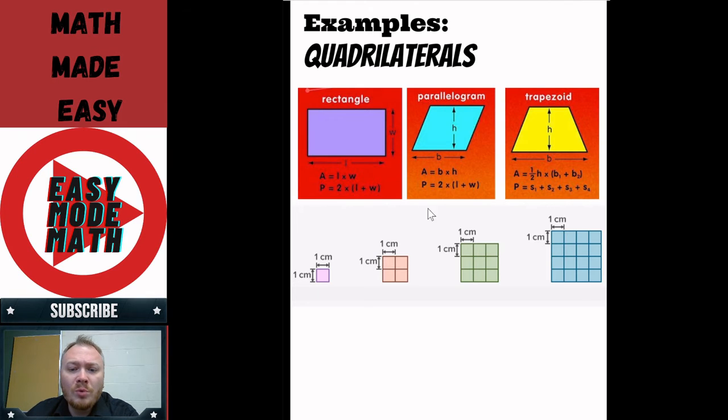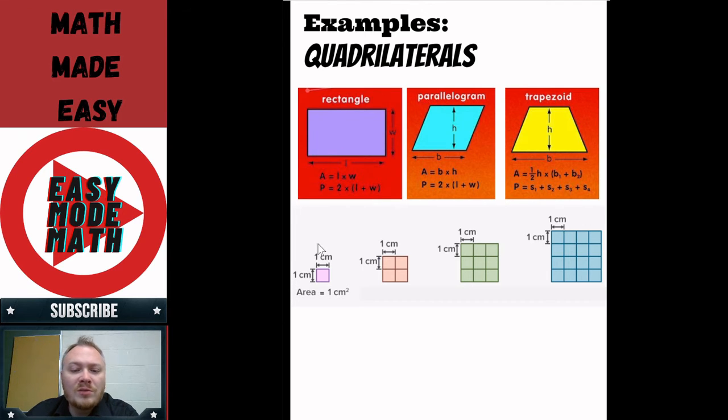Okay, so if we're looking at this second square here, then we have a 2x2 square, but it's broken down into 1x1 squares, 4 of them. And then the same thing with the other ones as well. It's broken down into these little shapes.